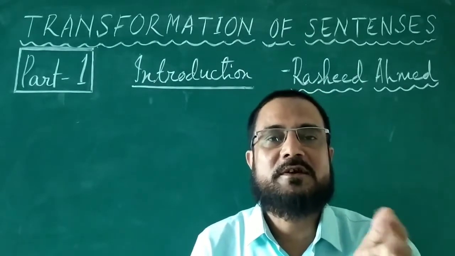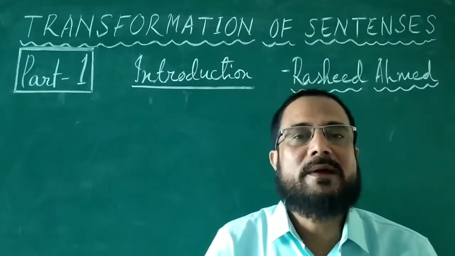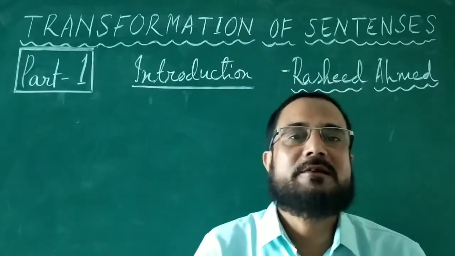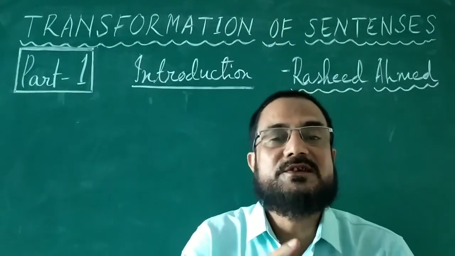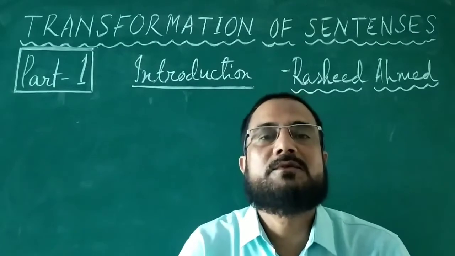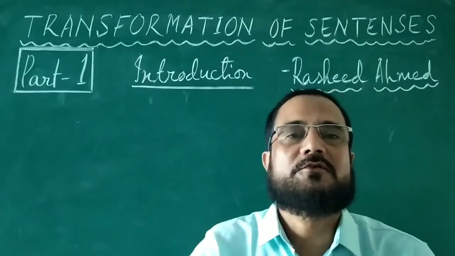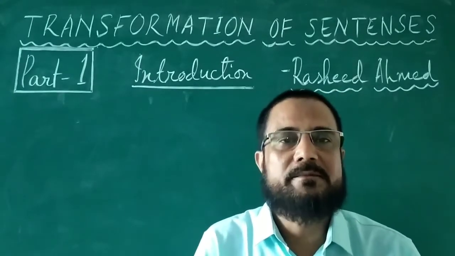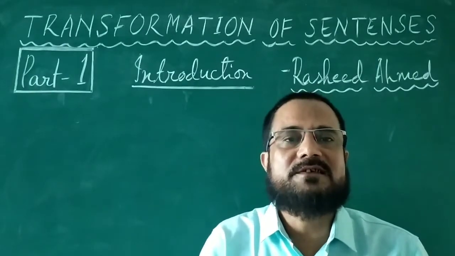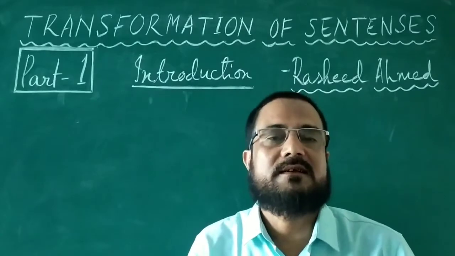You are a student of class 3 and the question is he is my friend, and to make it negative you just wrote he is not my friend. That simple it was. That thing is called changing from affirmative to negative, or from assertive to interrogative also. He is my friend. Is he my friend? Interrogative. Those were for primary classes, and these were called changing from one form of sentence to another.